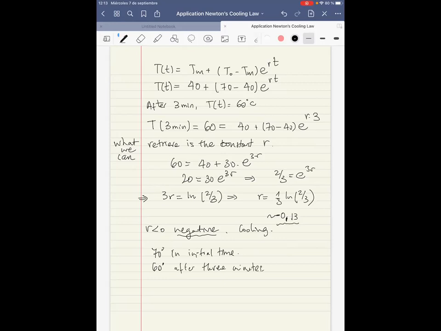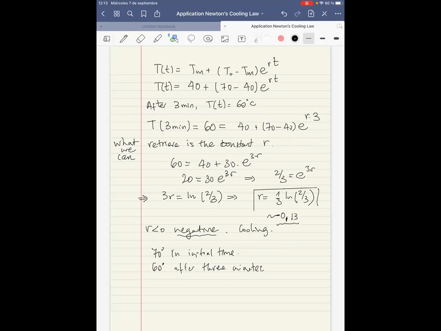So the most expected thing is that the body is cooling, so we expect an R that is negative. So far, so good.